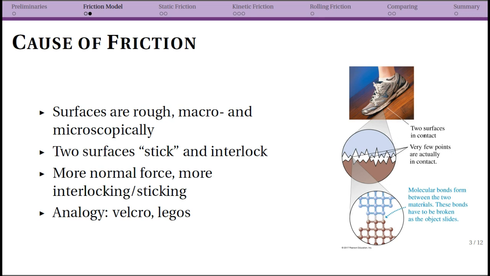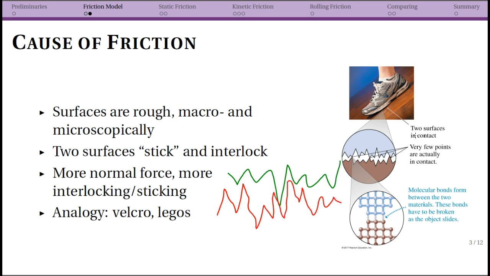So something to think about is that the more normal force you have, i.e. the harder you push those two surfaces together, the more of this interlocking and more of this sticking you're going to have. And the analogy that I like to use is Velcro or Lego. Again, we're talking about two surfaces where it's nice and jagged, and then there's another surface that's also jagged, and if we push harder, they would move up together.